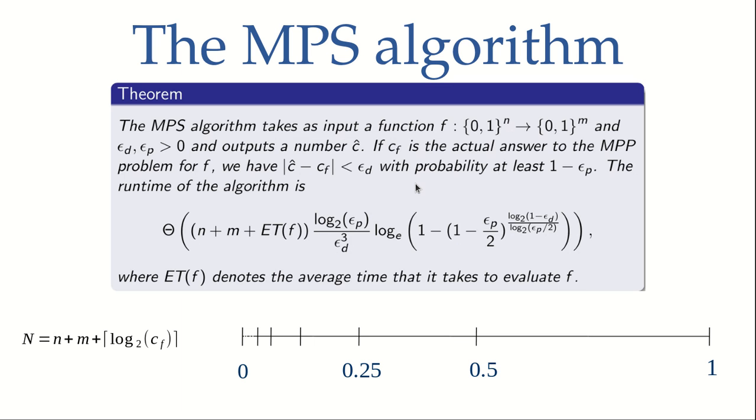So this theorem asserts that this algorithm takes as input, or we can provide it with, parameters epsilon d and epsilon p, and using for these parameters the size of the loops that we just showed, we obtain a value that differs from the correct answer by a quantity of at most epsilon d with a probability of at least 1 minus epsilon p. So with probability arbitrarily close to 1.